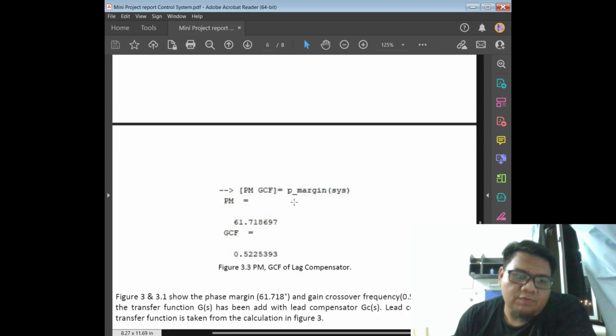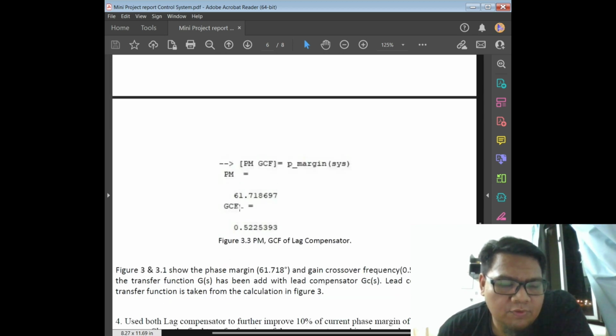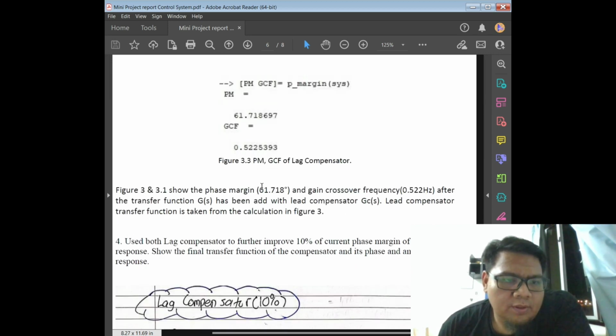Okay, for the phase margin after compensation, this is the phase margin we get from Scilab. It is 61.718, and the gain crossover frequency we get is 0.522.